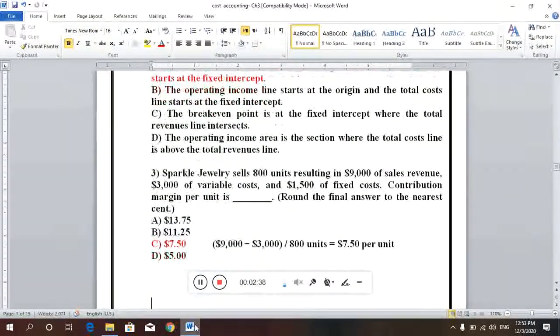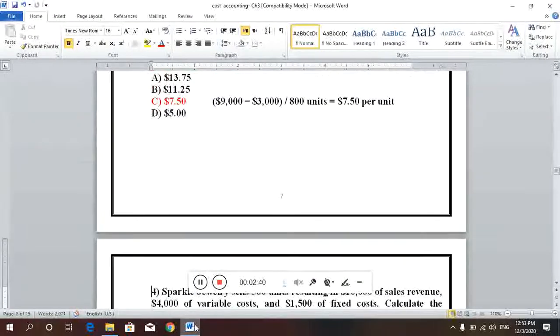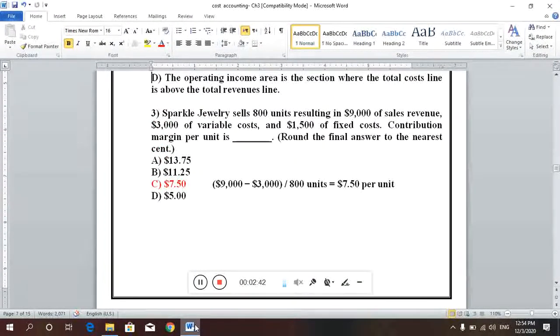Number 3, Sparkle Jewelry sells 800 units, resulting in $9,000 of sales revenue and $3,000 of variable costs and $1,500 of fixed costs.